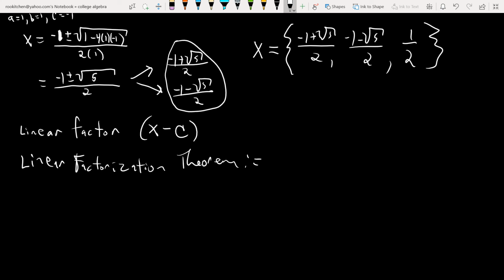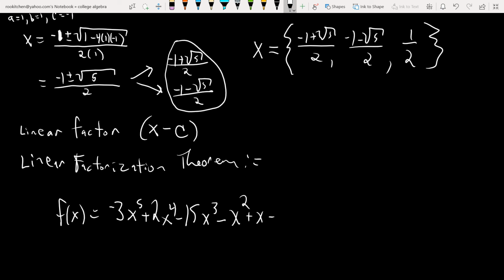So imagine just any polynomial, I'll just make one up. I don't know, f of x equals negative 3x to the 5th plus 2x to the 4th minus 15x cubed. I mean, you can make it at random. Minus x squared plus x minus 1.